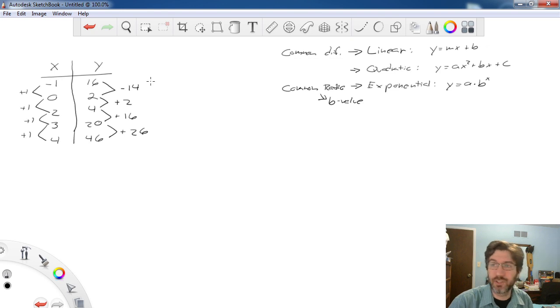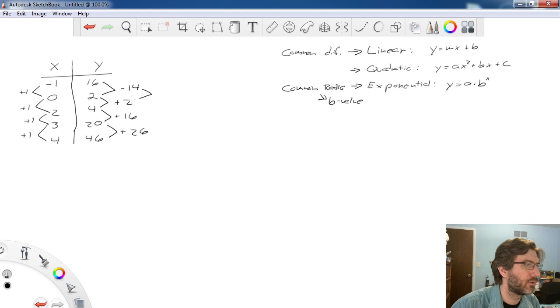And this doesn't look like much of a pattern here, but what if we look at our differences and take the differences of those? So here we got negative 14 minus 2 is what we actually want to do, right? We want to find the differences. So negative 14 minus 2 gives you a negative 16.